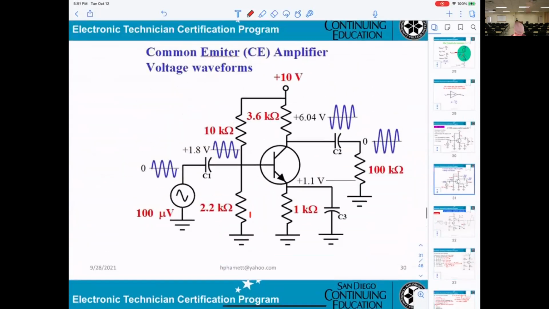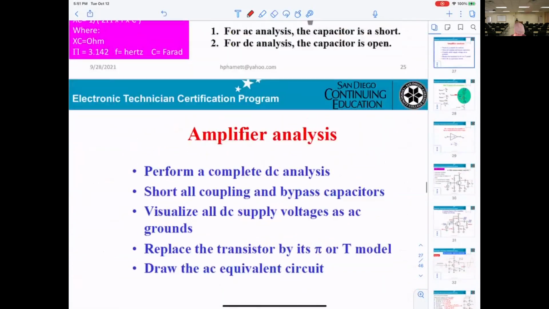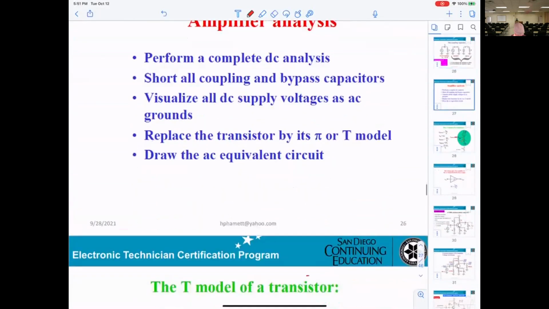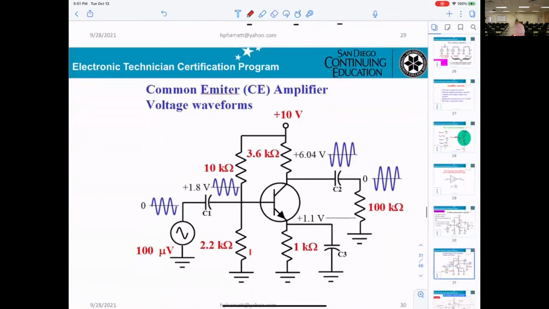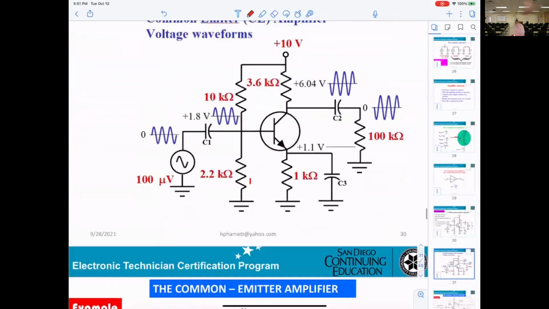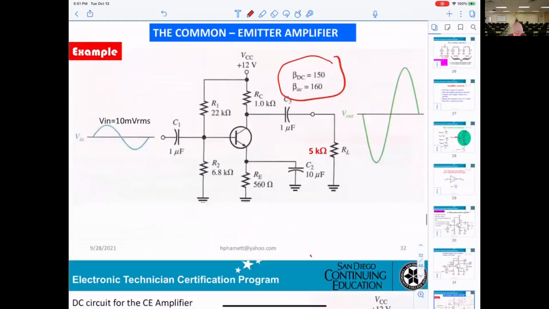Now going back to this circuitry here, let's see. The difference is only like 10, not much. So if they don't give you beta AC, then you just use the beta DC. So now we're using beta 160.